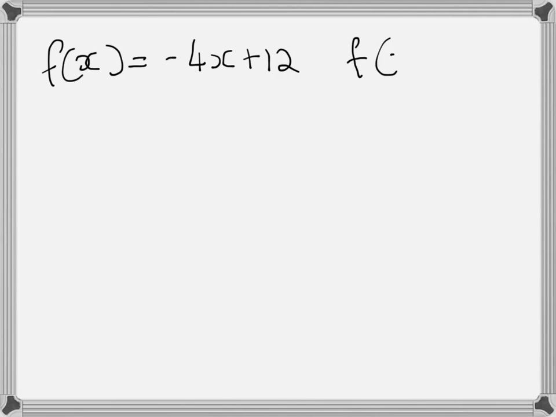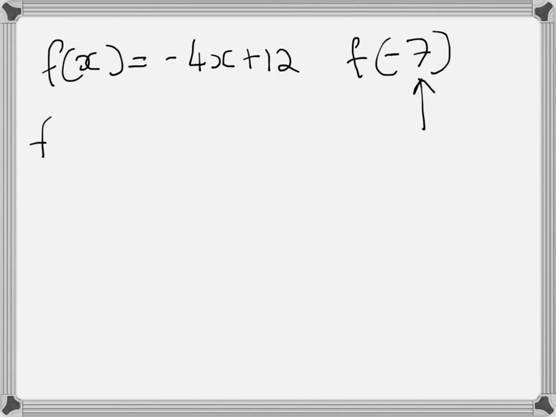Let's try one problem. Suppose the function rule is f of x is equal to negative 4x plus 12. Find f of negative 7. How will you do that? So what is the value of x given? Negative 7.